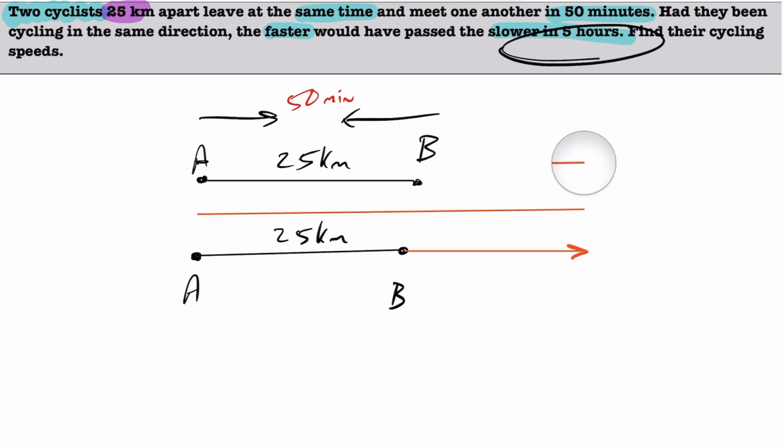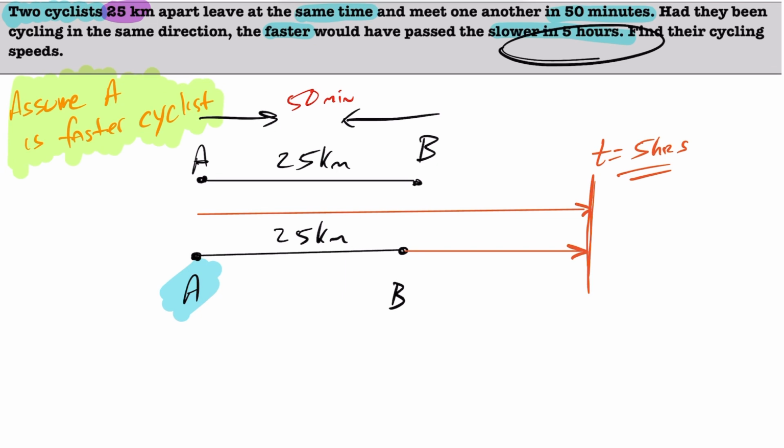Again, that would be the assumption. And what you're assuming is when time is 5 hours, they actually end up meeting back up. Here I'm assuming that A is the faster one. Else, A would never catch up to B. So I'm just going to assume A is the faster one here.